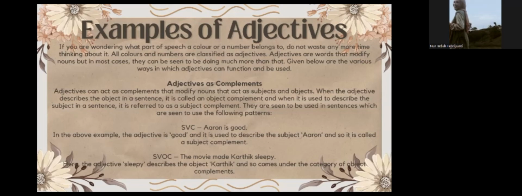The example is: the run is good. In the above example, the adjective is good and it is used to describe the subject run, and so it is called a subject complement.